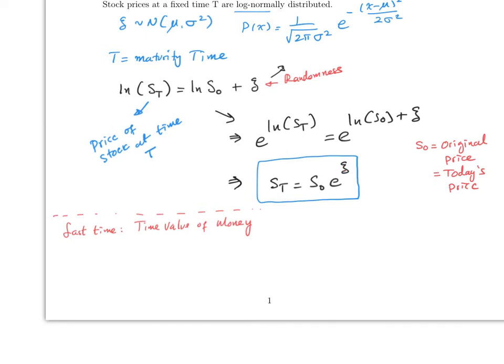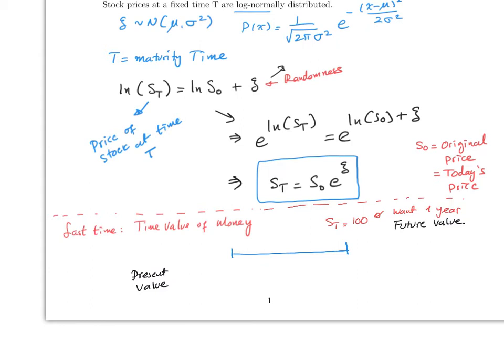Now let's say that you want in the future S_T to be equal to 100. This is what you want, say, in 1 year. This is what is also called the future value. So the question is, what should be the present value of that, which will be S_0? We want the present value.